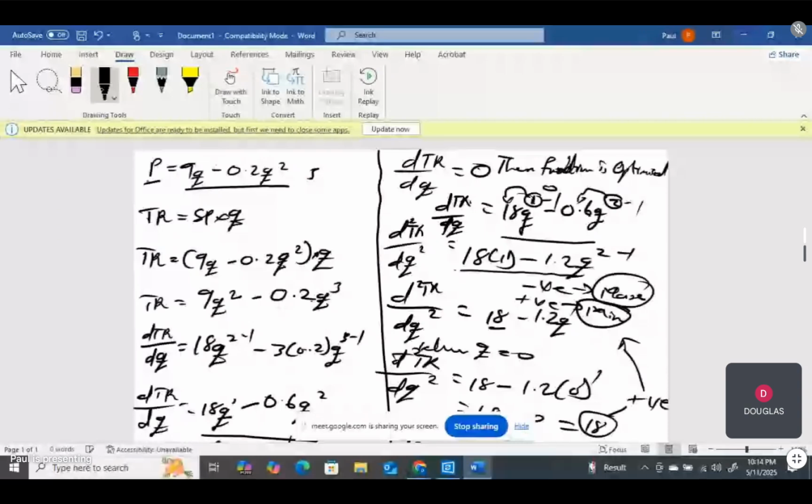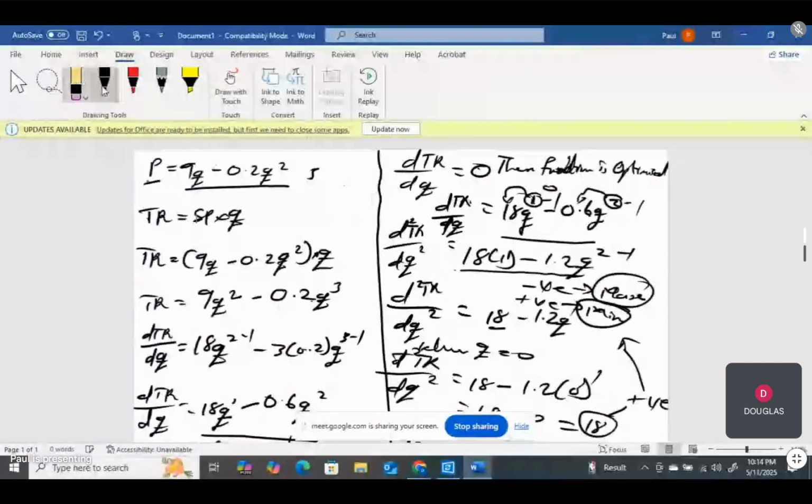I said that when you have y is equal to ax to the power n, dy/dx is that the n will multiply the a, then the n will reduce by 1. So that's why the 2 was reduced by 1 to here.